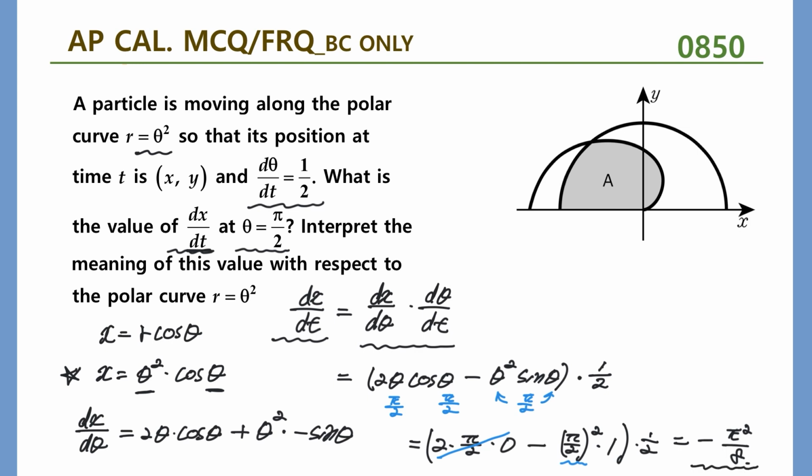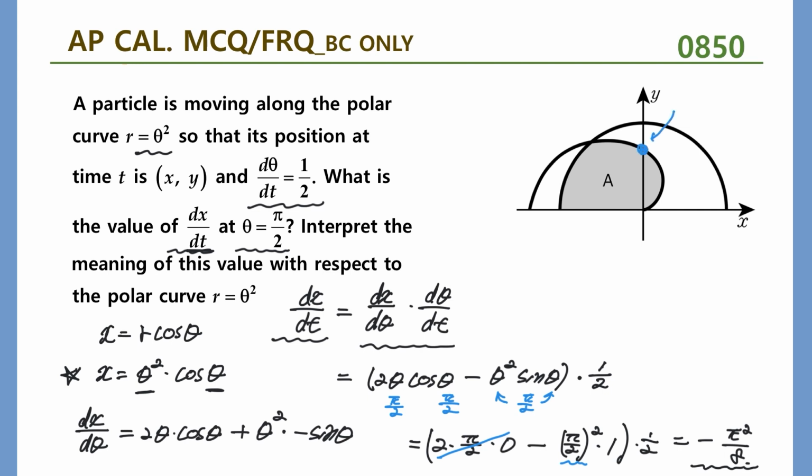And we have one more question here. It says interpret the meaning of this value with respect to the polar curve r is equal to theta squared. So the particle is moving on this polar curve right here, and when theta is pi over 2, our particle is right here.